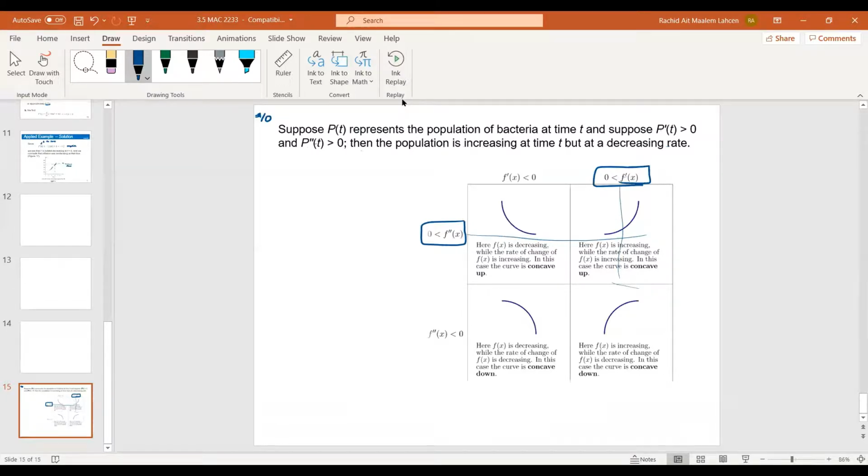If it is concaving up, that means the function is increasing, while the rate of change is also increasing. It's picking up steam, it's going up, right? But the rate of change is also increasing. So that makes this statement false, because this statement claims that when this happened and this happened for this bacteria, the population is increasing at a time, so the first one is correct, but at a decreasing rate. It's slowing down. So this statement is false.